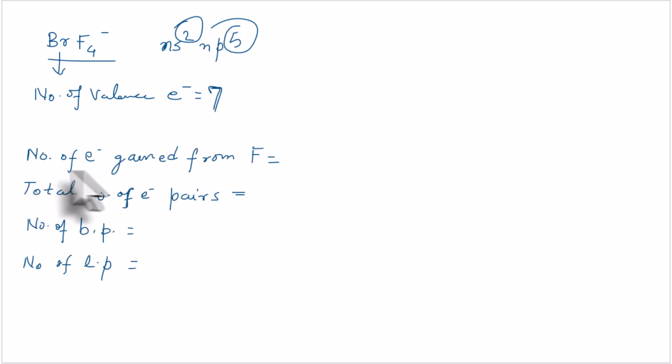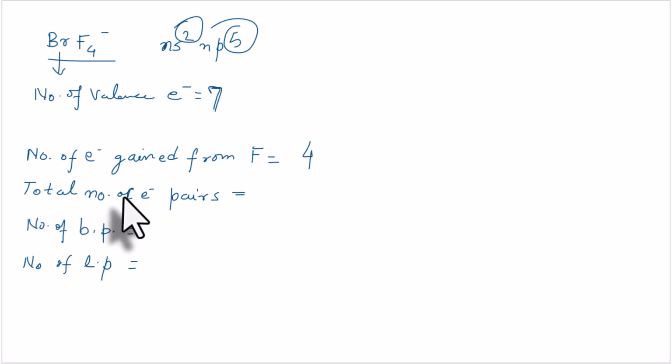Then we have to find out the number of electrons gained from the bonded atoms. What is the bonded atom? Fluorine. We have 4 fluorine atoms singly bonded to bromine.